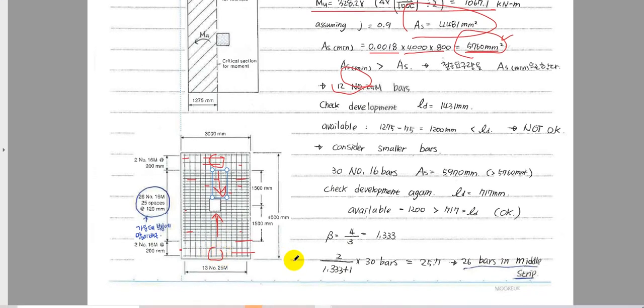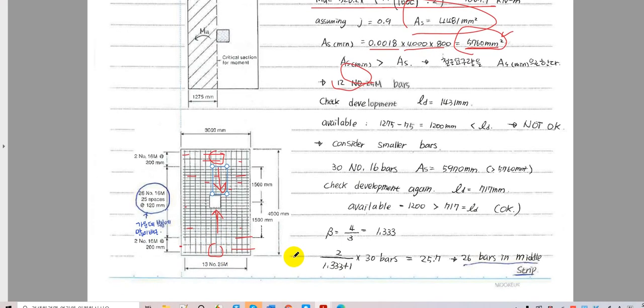Okay, so we can think of doing something else, because we want to add more steel at these locations in the vicinity of the column locations.